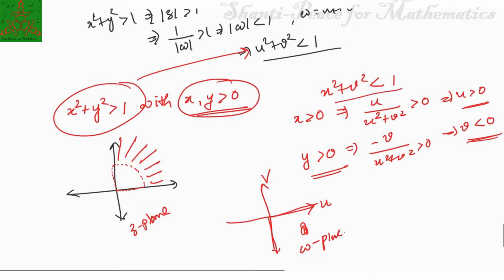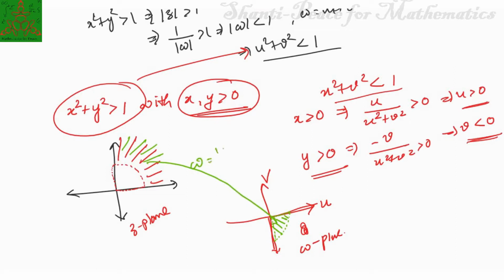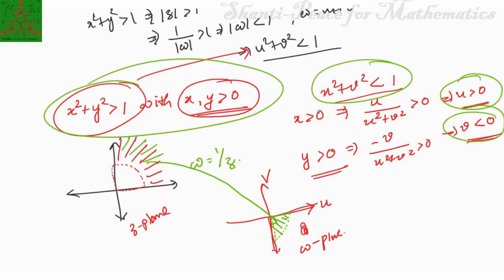So this is your curve, which is the image of this outer portion, this inside one under the map w is equal to 1 upon z. So that's the image of this region.